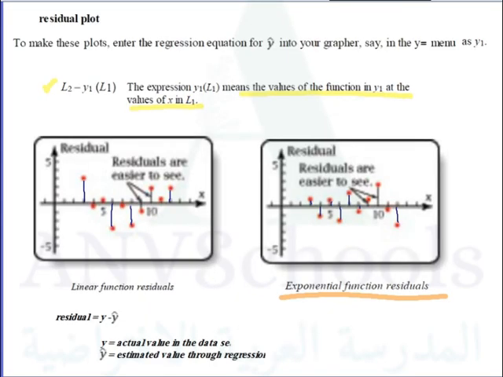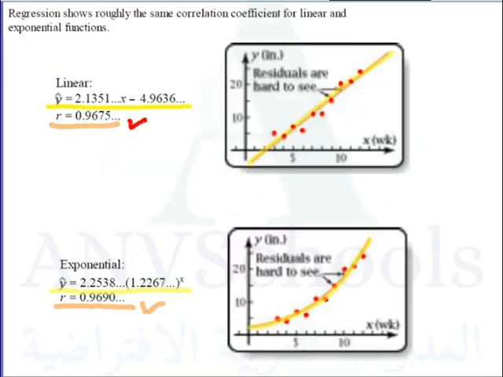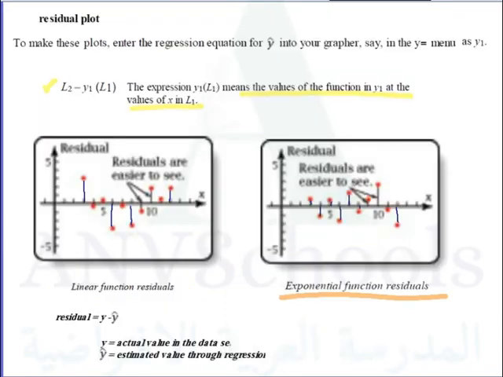So therefore, using the residual plot, you can see much more clearly the residuals, testifying that the exponential function regression on this example of data is the best fitting, the better of the two, which are the linear function regression and the exponential function regression.